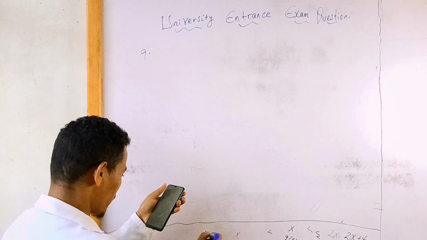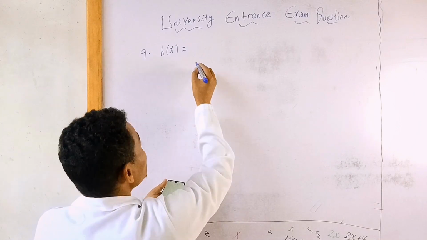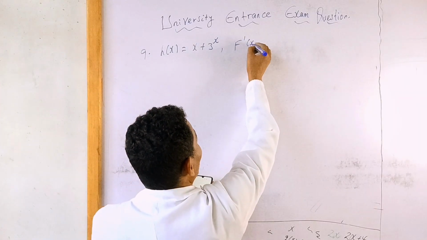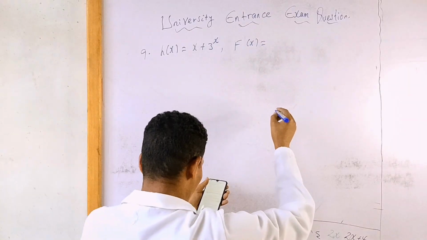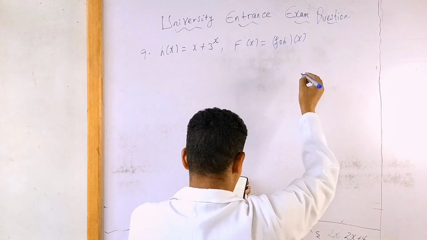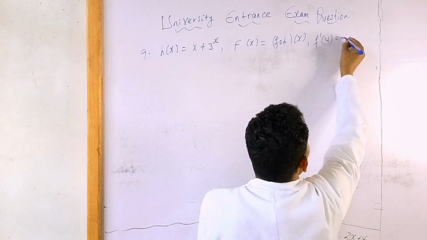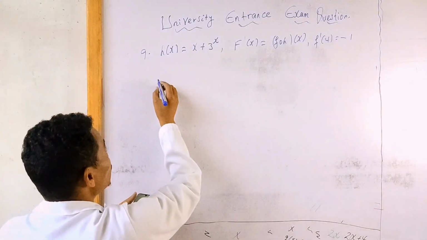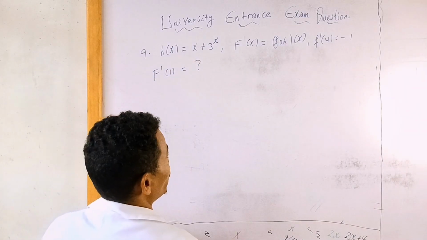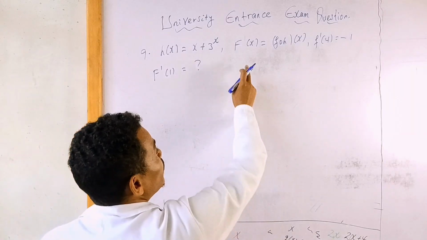Let h of x is equal to x plus 3 to the power of x, and capital F of x is equal to f of h of x. If f derivative at 4 is equal to minus 1, then f derivative at 1 is equal to ስንት ይሆናል? What's the answer of this one?